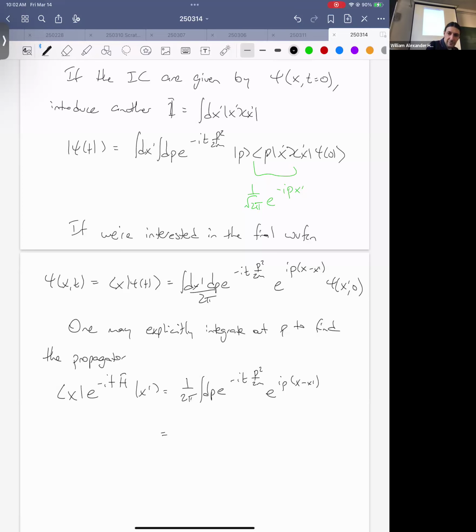And when the dust settles, this is (m/2πit)^{1/2} e^{im(x−x′)²/2t}.